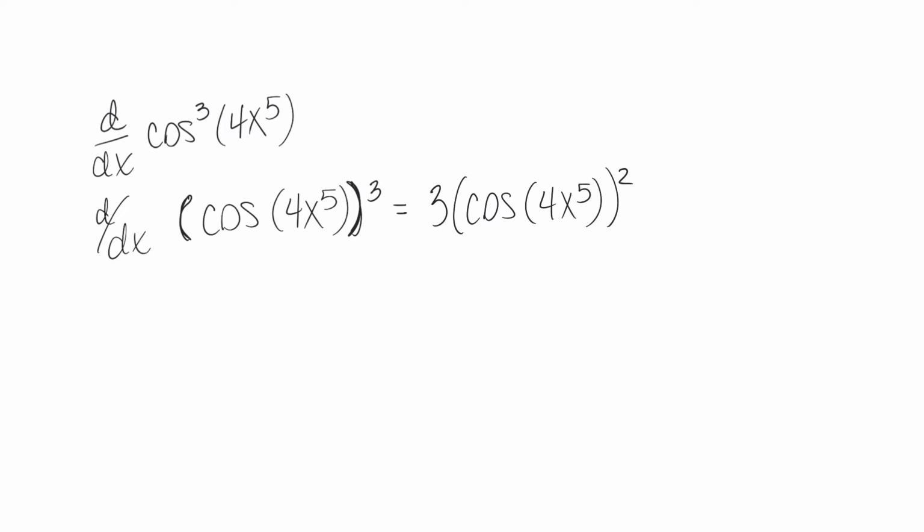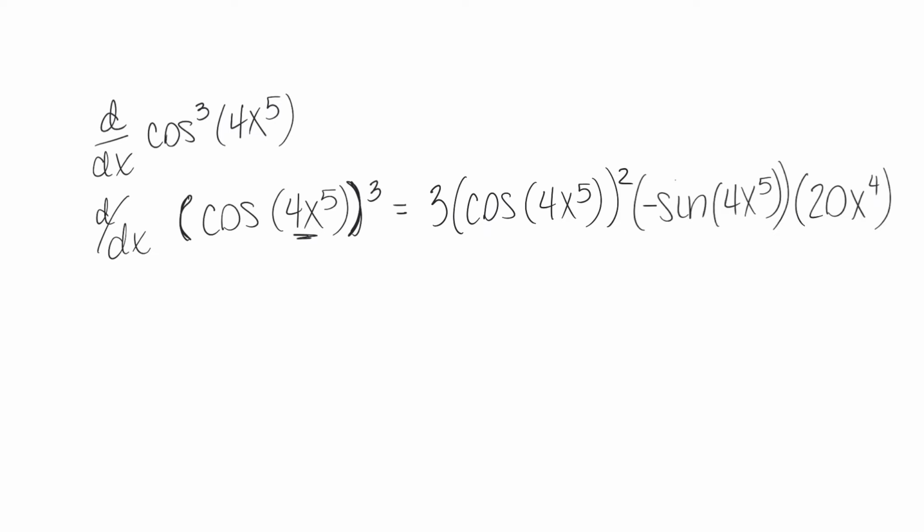The derivative of cosine is negative sine 4x to the 5th. The derivative of 4x to the 5th is 20x to the 4th. Do you see what a mess? What a mess. Ugh, colors are your friend here.